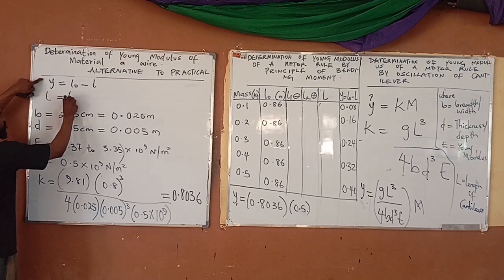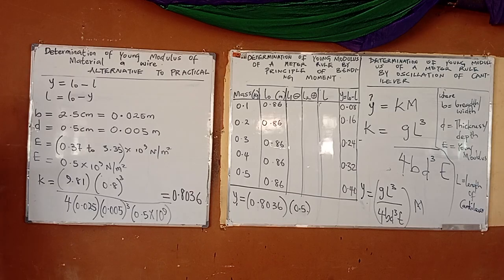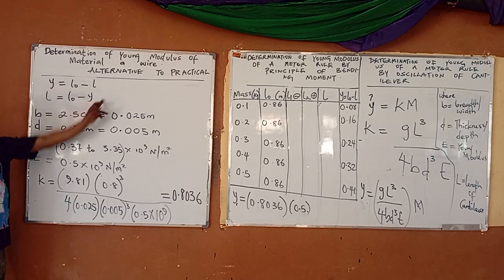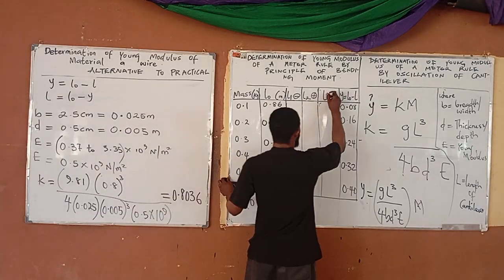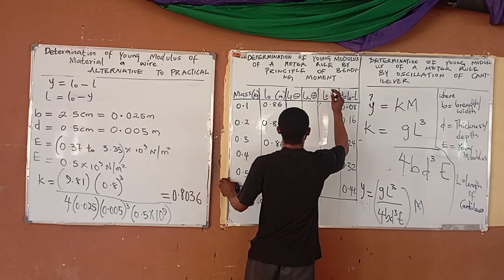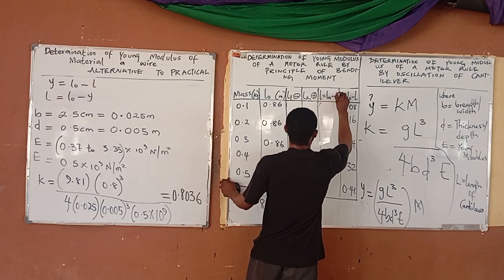That means it will be L0 minus y. Going here, plus, going here, negative, okay? So I have that L will be equal to L0 minus y.